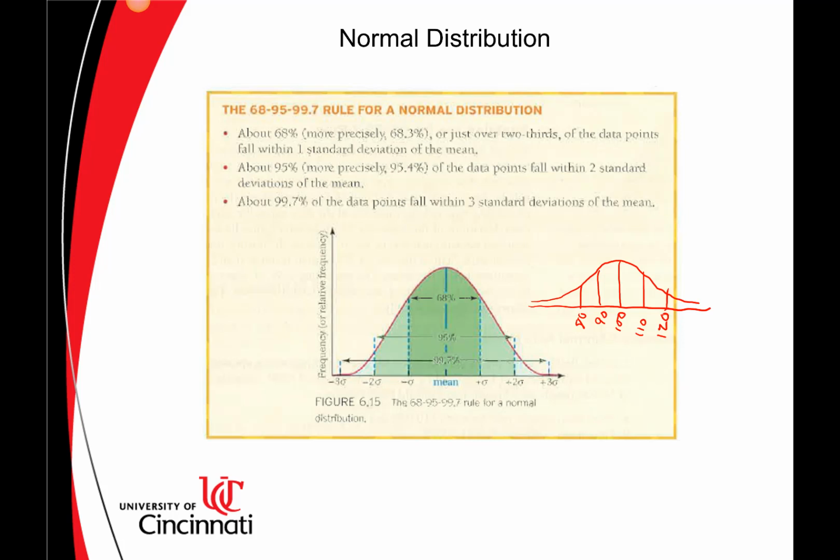If we crank it out a little further, come up to say 130 and down to 70, of the people you encounter today, what percent of them are going to be between 70 and 130? 99.7. Yeah.